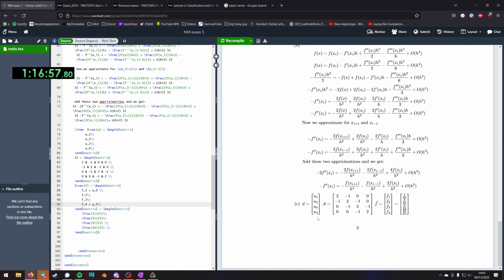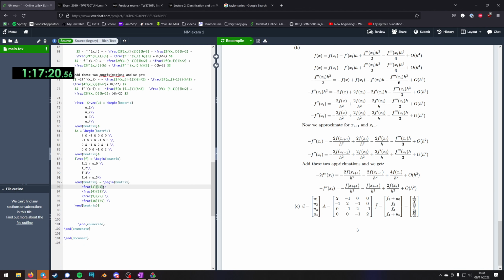At the end you would have 0, 0, 0, 0, and here it would be -1 times u3 plus 2 times u4 minus 1 times u5, but that -1 times u5 gets put to the other side. So we get plus u0 and plus u5 here.